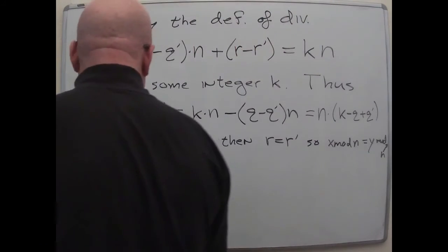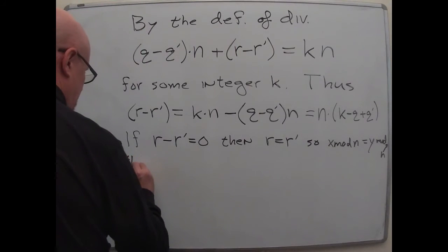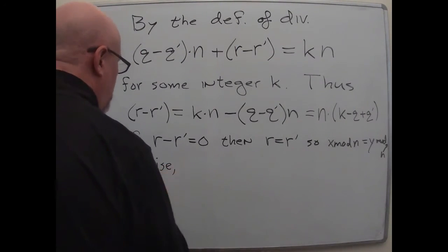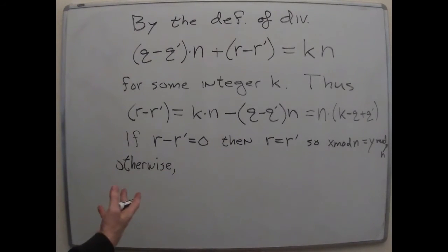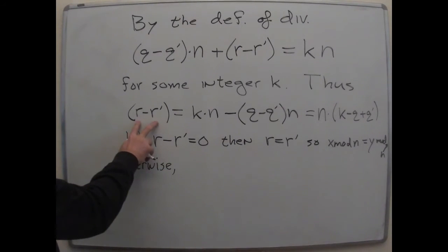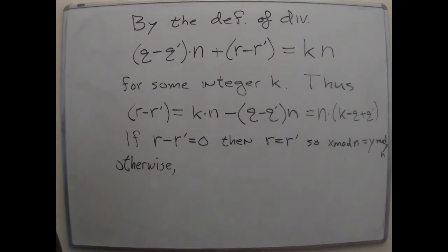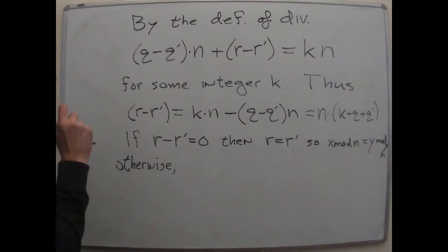Otherwise, and I want to say without loss of generality, if r and r prime were in the order so that this difference came out negative, then I could just change which one I call x and which one I call y and arrange for that also.